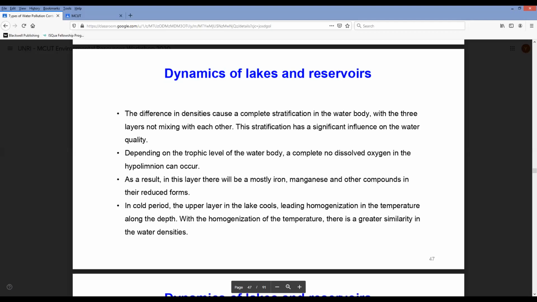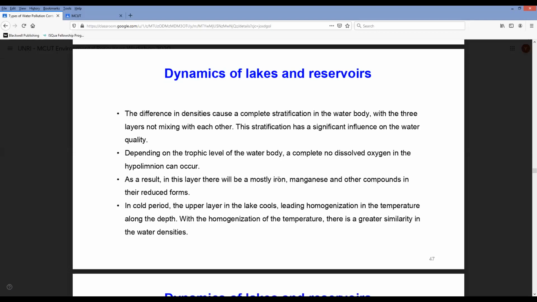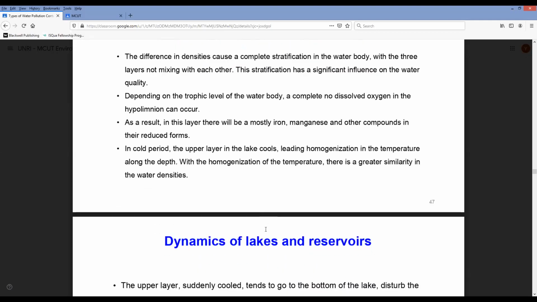Therefore, in this layer there will be mostly iron, manganese, and other compounds in their reduced form. Then in the cold period, the upper layer of the lake becomes cool, leading to homogenization of the temperature along the depth, and so a similar water density. Next, please.